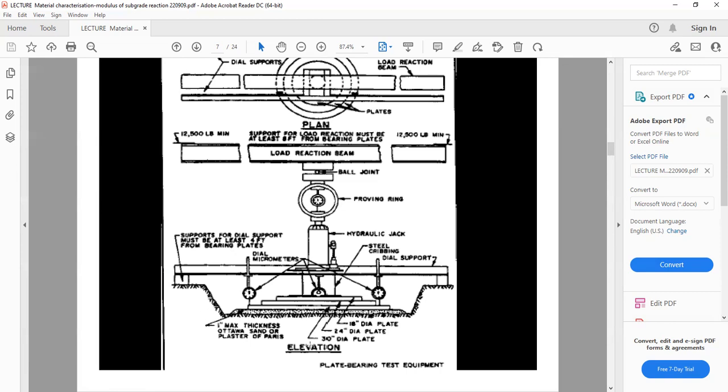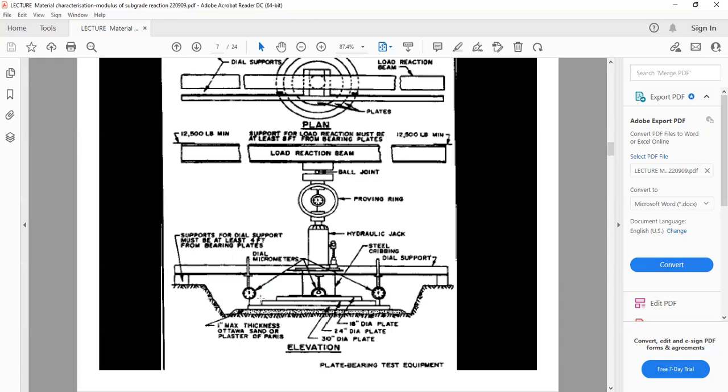Then on the bottom plate, at around 120 degrees apart, 3 dial gauges are placed, and if you place 4 dial gauges, then they will be 90 degrees apart along the periphery of the main plate.